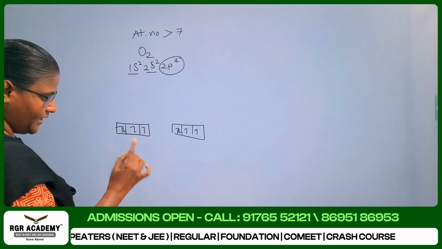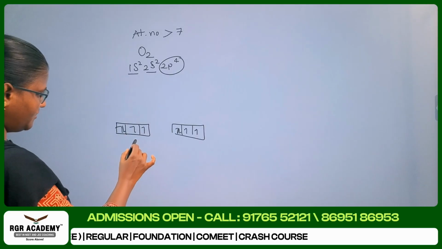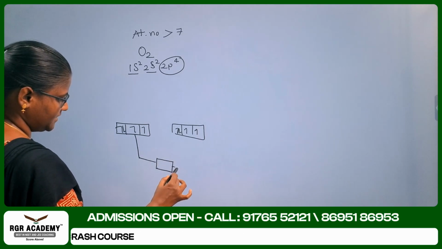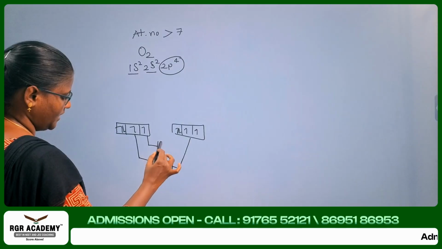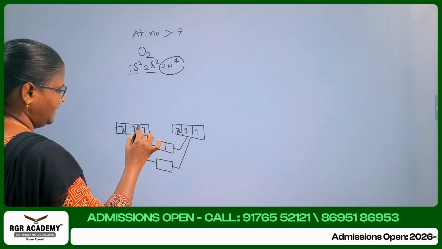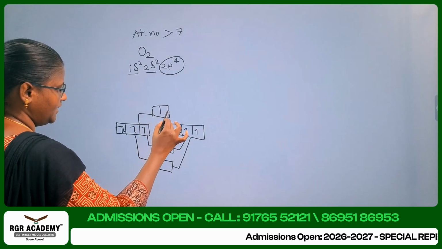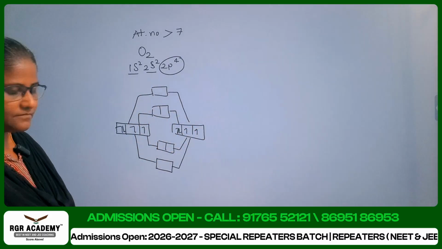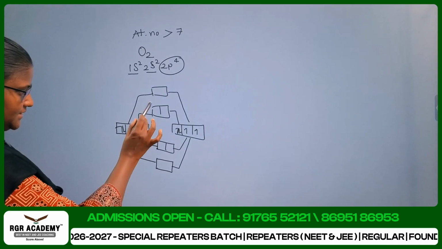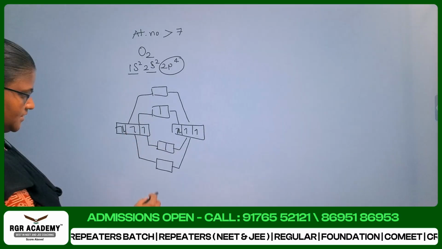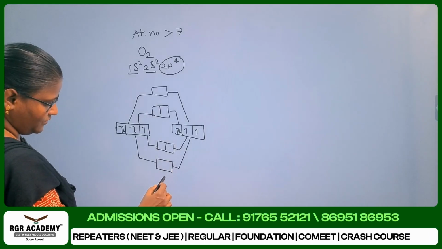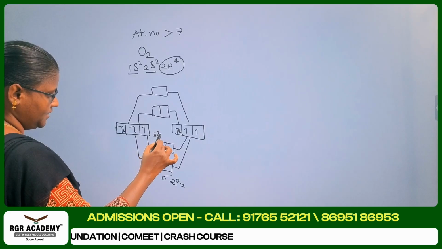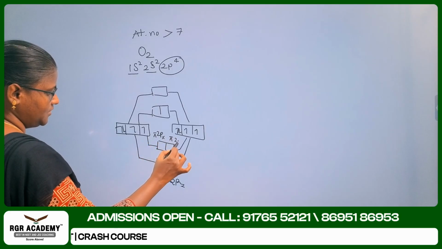How do these atomic orbitals combine to form the molecular orbitals? Now it is not 2 1 2 1, it is actually 1 2 in the bonding level and 2 1 in the antibonding level. So totally 4 plus 4, 8 electrons. How do we fill? Again following the rules. This is sigma 2pz, this is pi 2px and this is pi 2py.